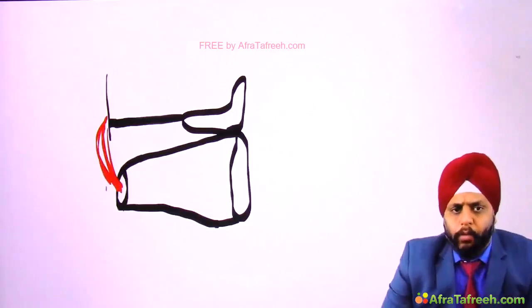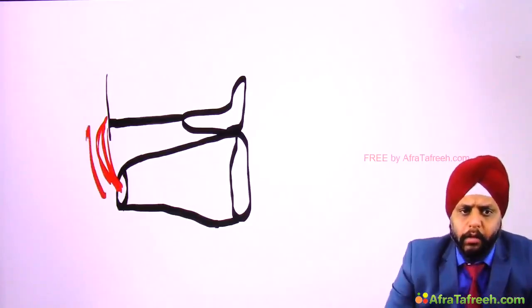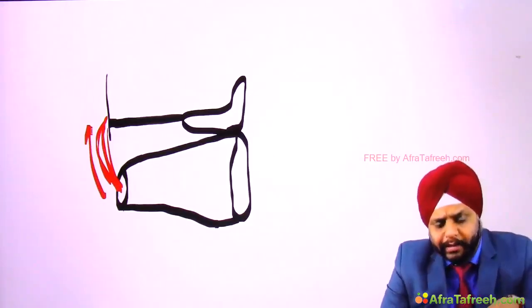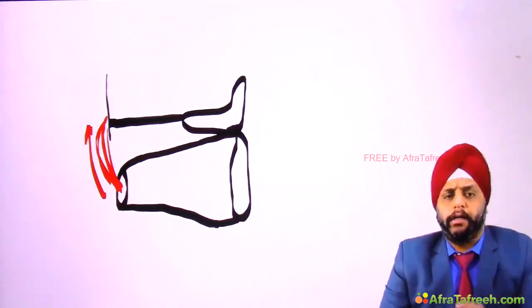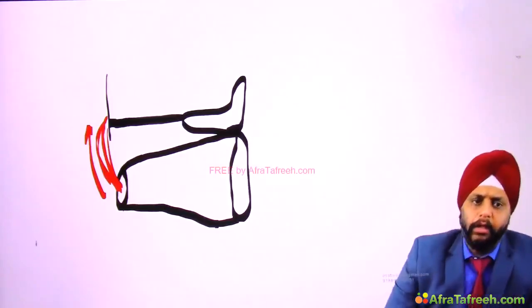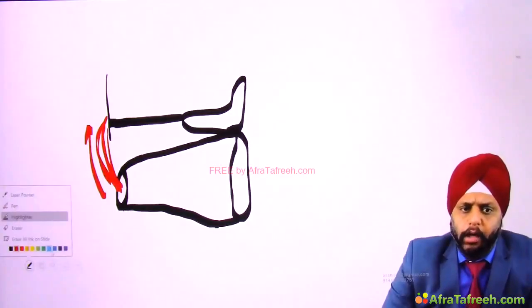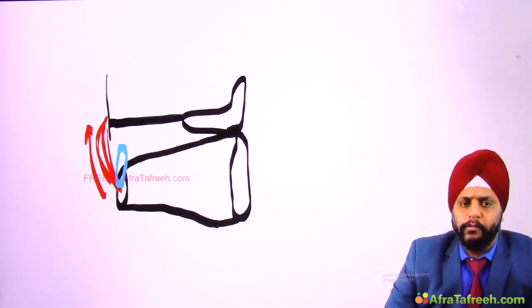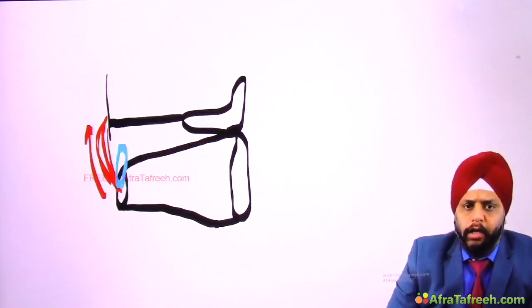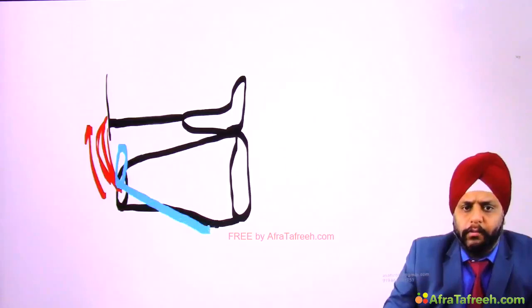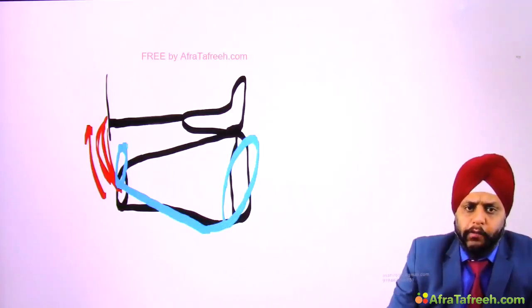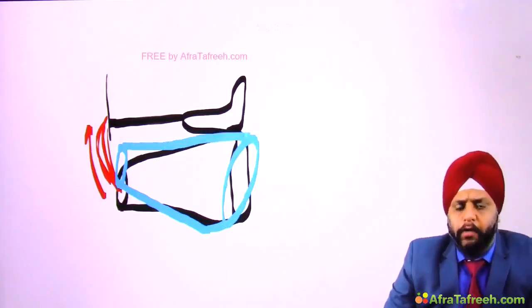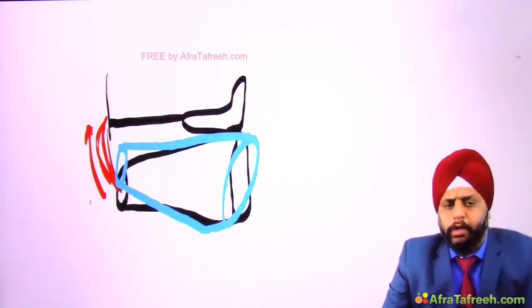Now, what happens when this cricothyroid muscle contracts? It pulls the cricoid cartilage up anteriorly. Because of this pull, the cricoid cartilage rotates. It comes to lie like this. Because we have just pulled the anterior end of the cricoid cartilage, it has rotated up.